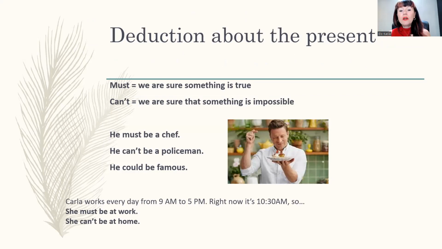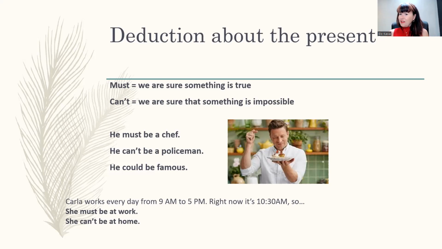Okay, so have a look at the picture. I don't know if you know this guy, but from what he is doing, you can draw a conclusion that he must be a chef. He must be a chef. He can't be a policeman. So you are sure 100% that he is a chef, and you are sure 100% that he is not a policeman.